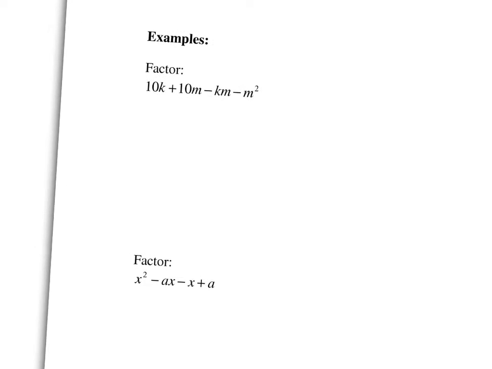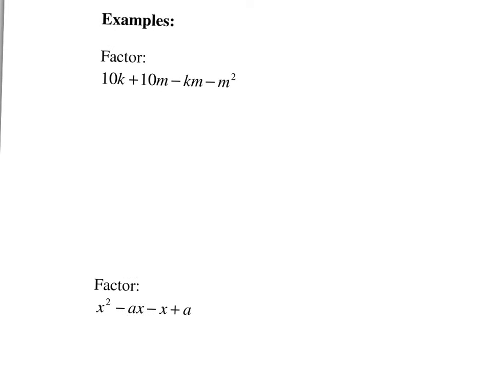All right, we're going to factor 10k plus 10m minus km plus m squared. As I'm looking through my book, I'm noticing that my example here has different signs from the most current book.